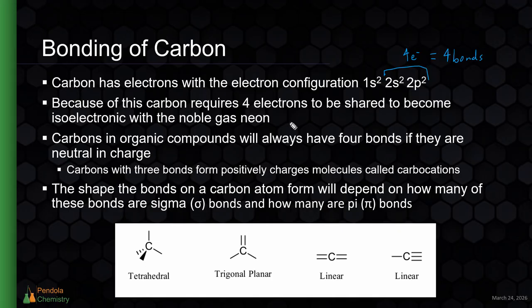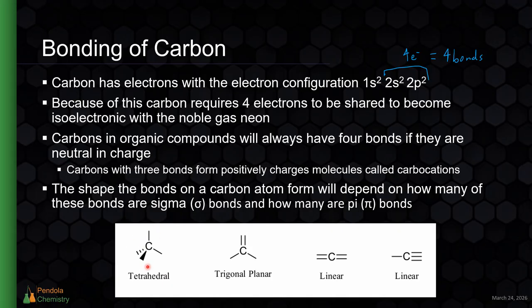All right. So whenever carbon bonds in an organic compound, it's always going to consist of 4 bonds when it has a neutral charge. And this is something that we saw in earlier sections. So whenever carbon bonds, there's really only 4 choices. We could have carbon form 4 individual single bonds to create that valence electron shell.